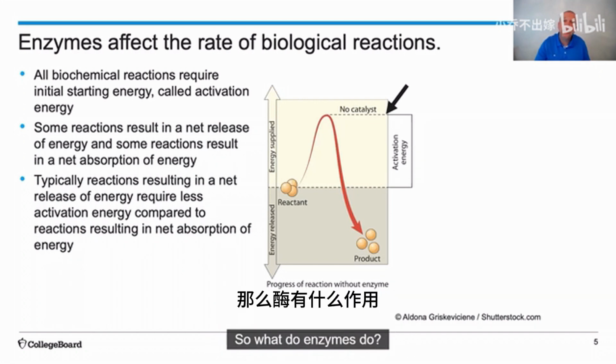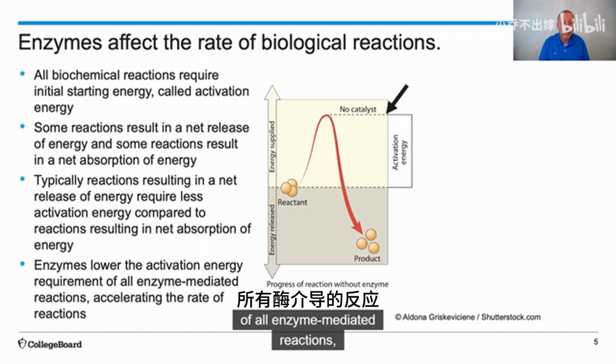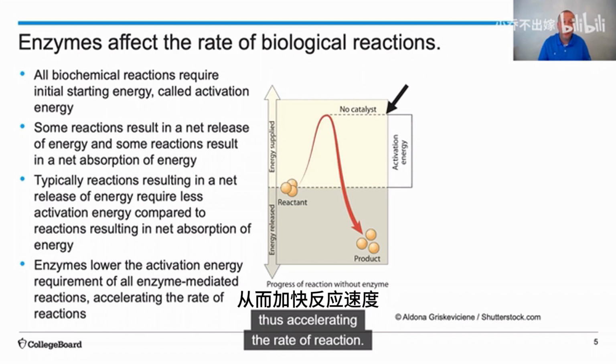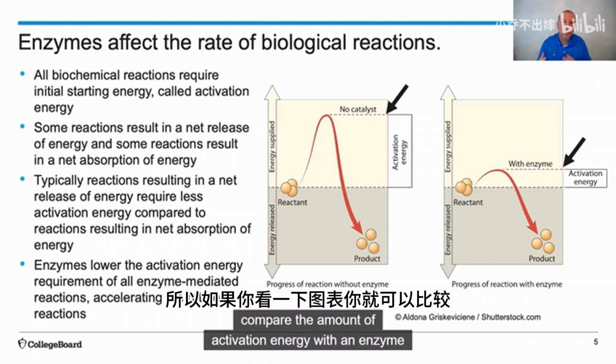So what do enzymes do? Enzymes lower the activation energy requirement of all enzyme-mediated reactions, thus accelerating the rate of reactions. So if you look at the chart, you can compare the amount of activation energy with an enzyme and without an enzyme.